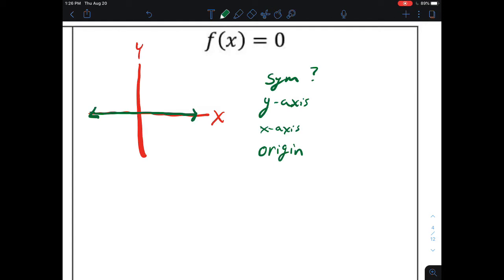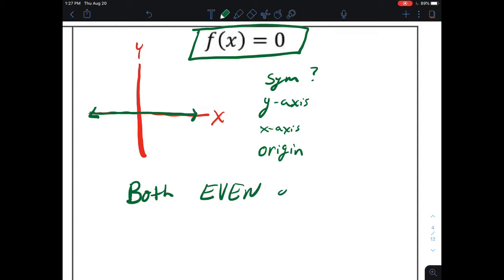So that wasn't one of the initial examples that we had at the very beginning of this video. In fact, y equals 0 is the only equation that is both even and odd. It's the only function that meets both requirements.